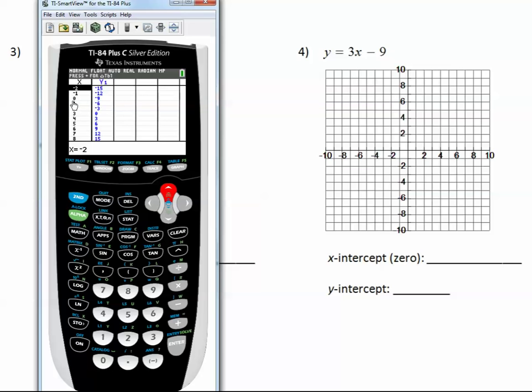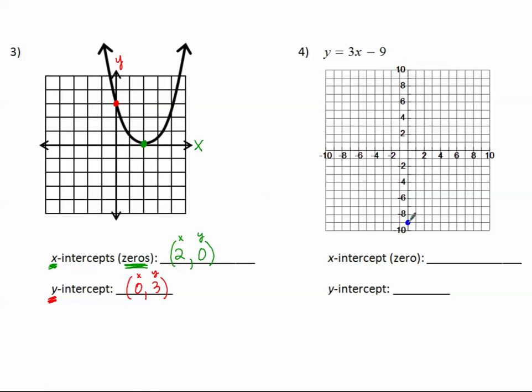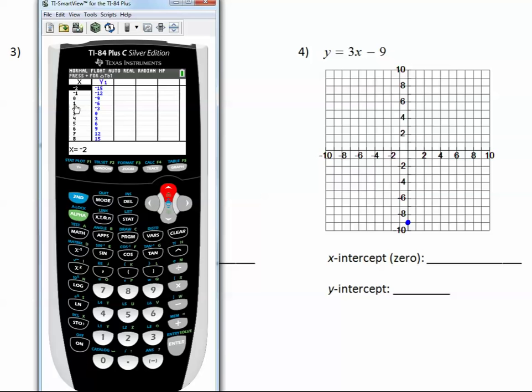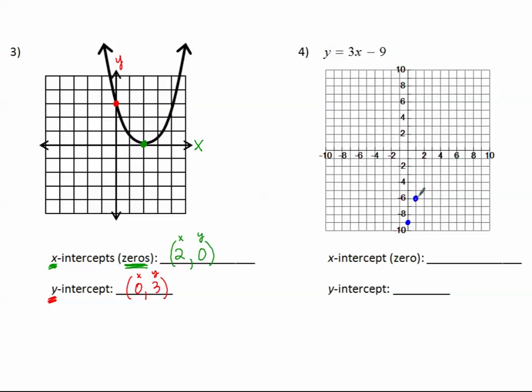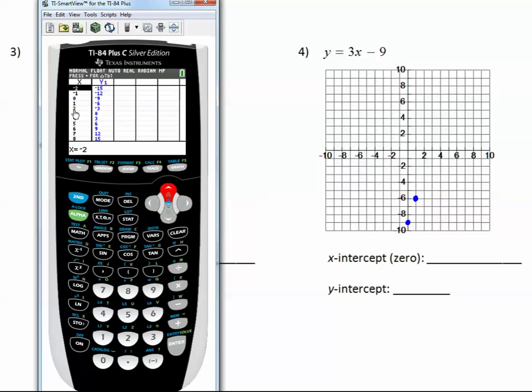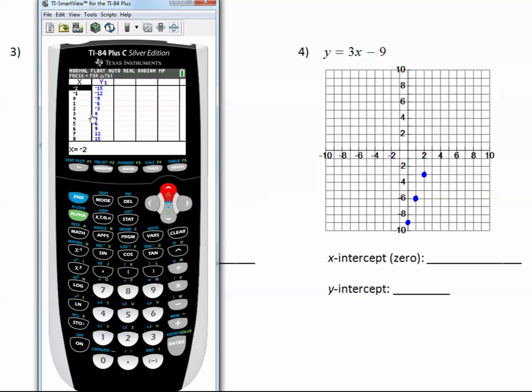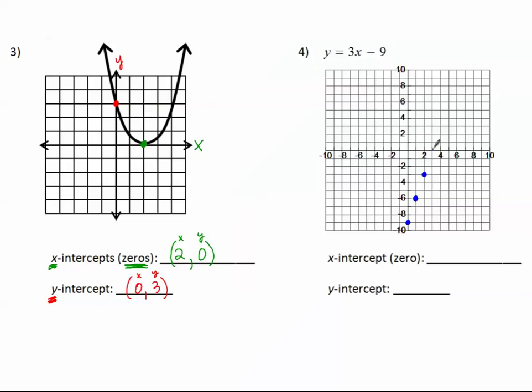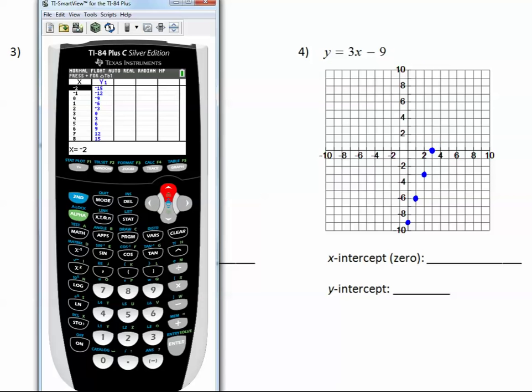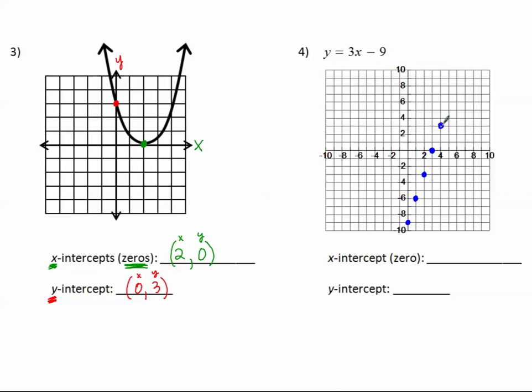So here I see 0, -9. I can plot 0, -9. I'm going to put a point there. Let's find some more. 1, -6. 2, -3. 3, 0. 4, 3.